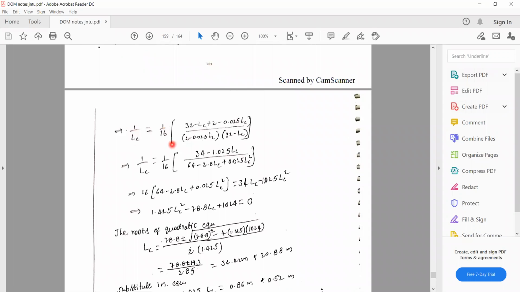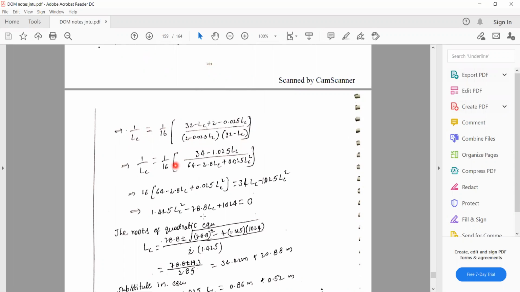When we simplify the equation, we get one equation: 1.425 LC squared minus 78.8 LC plus 1024 equals 0.